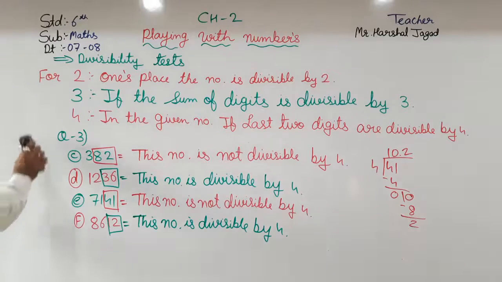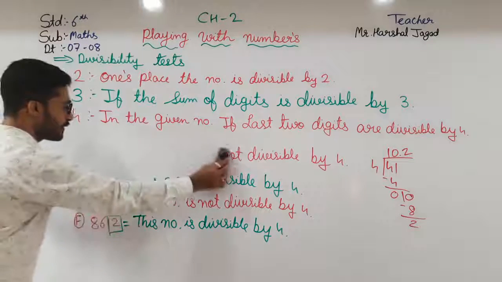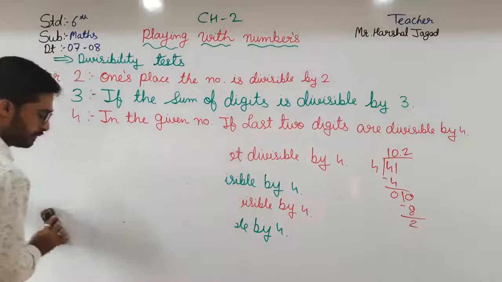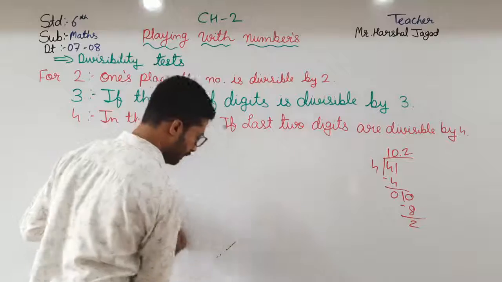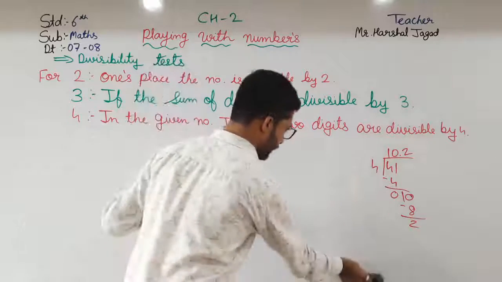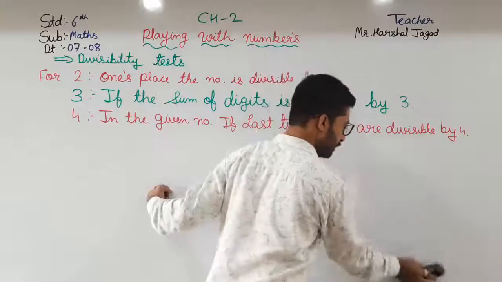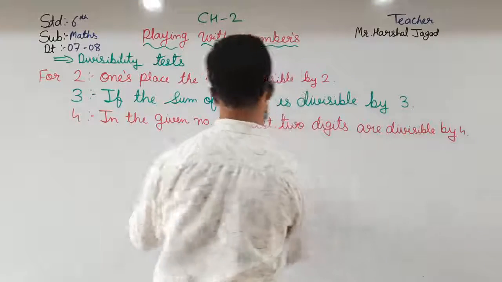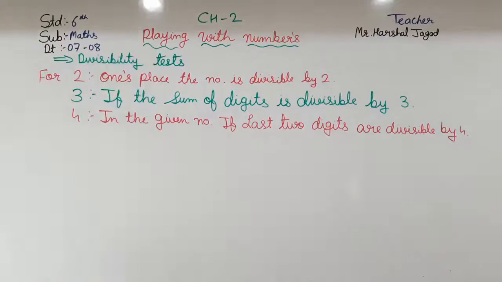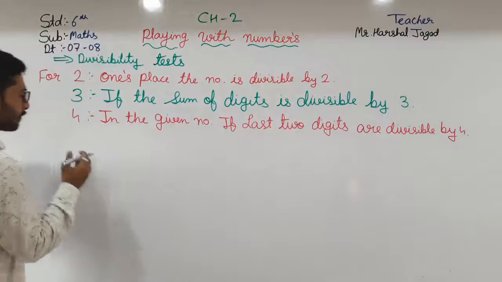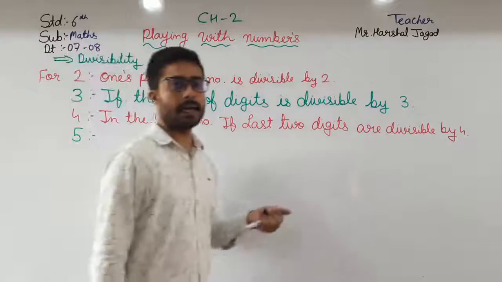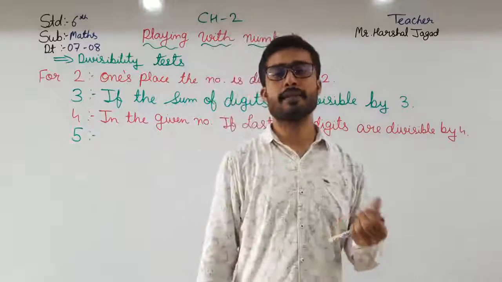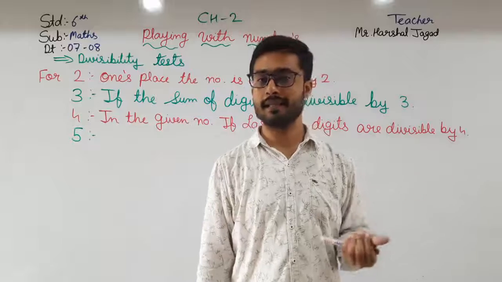Okay students, have you written down this? Moving towards the next, that is the divisibility test for 5. We already know how to tell whether a number is divisible by 5 or not. We can easily know that.